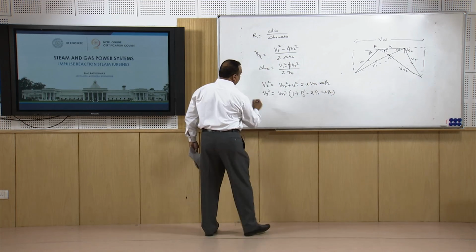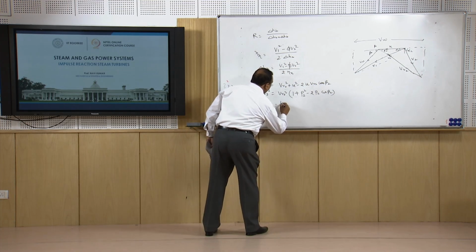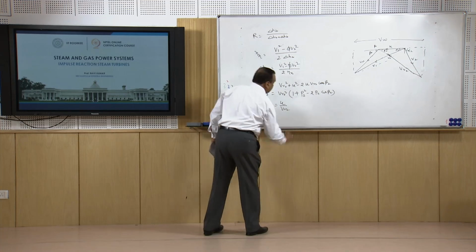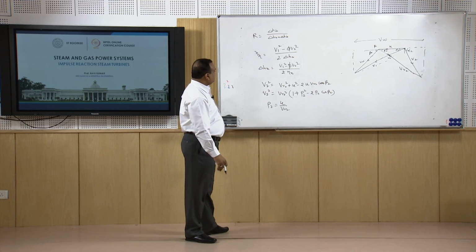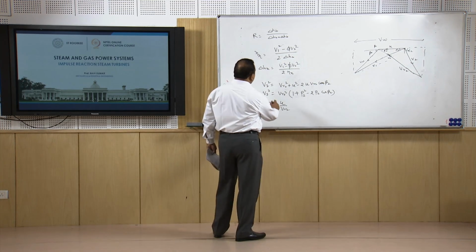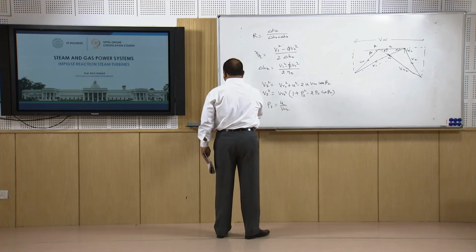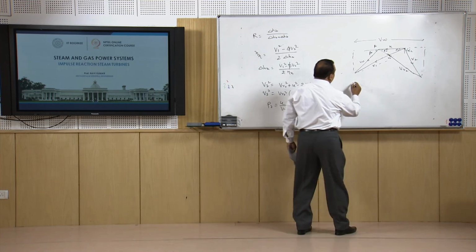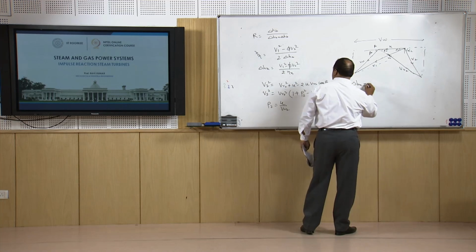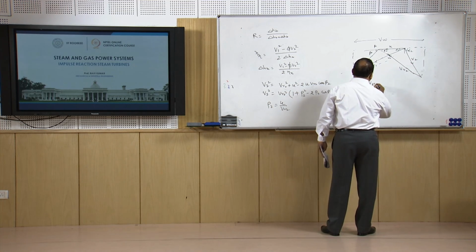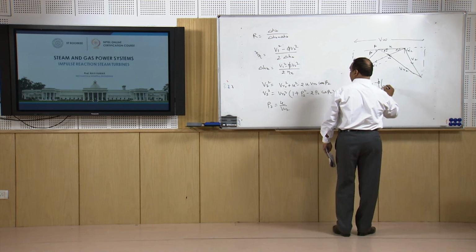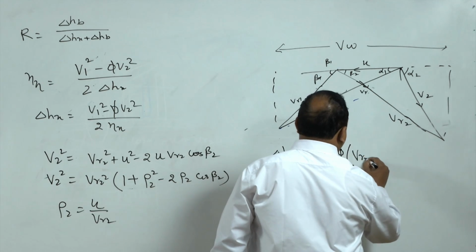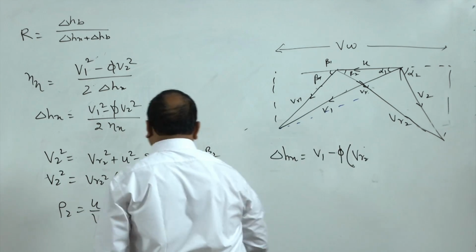Now, rho 2 is U by VR2. From here, if we put this value in this equation, we will get delta H n, the enthalpy drop in the nozzles, is equal to V1 minus phi VR2 square, 1 plus rho 2 square.